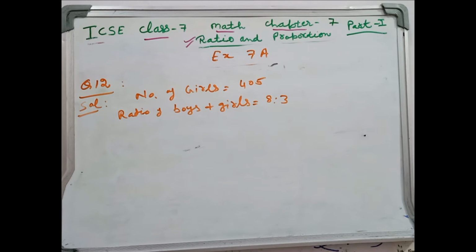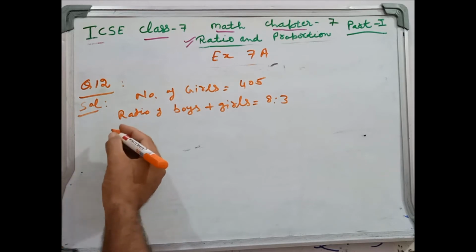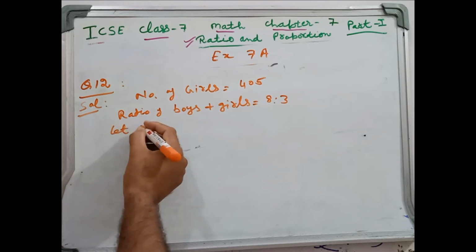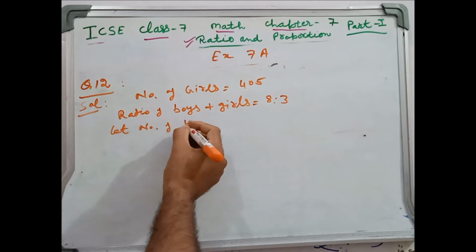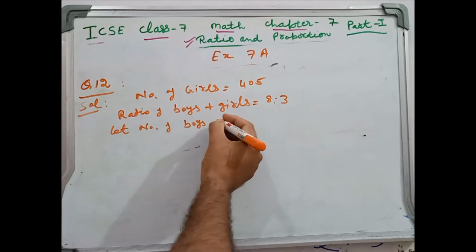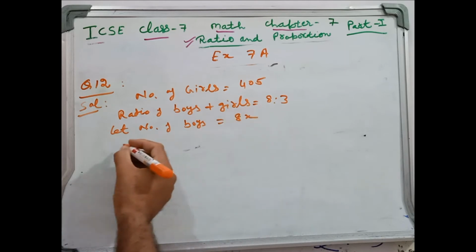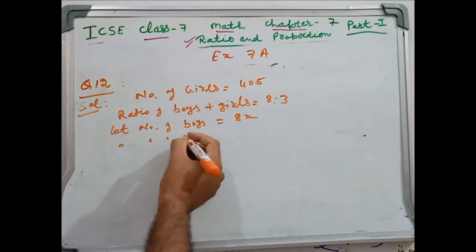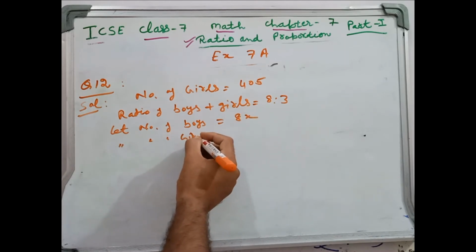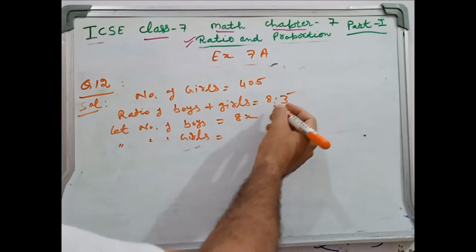Now we have to find out how many students are there in the school. So let the number of boys be equal to 8x and let the number of girls be equal to 3x.